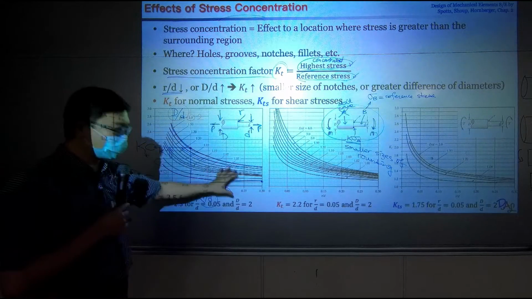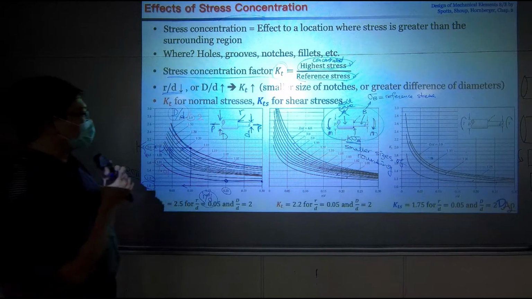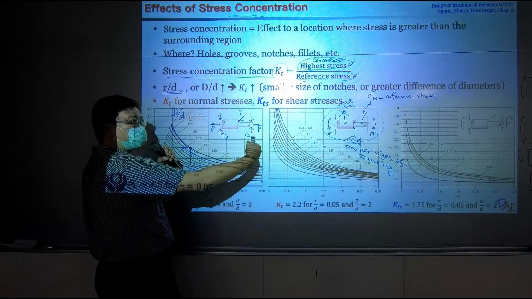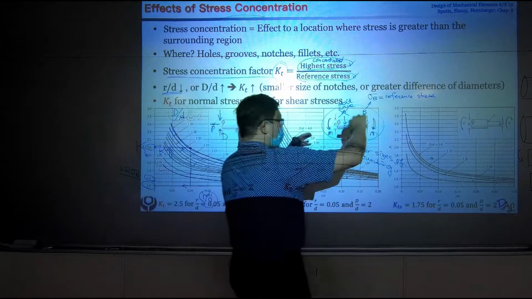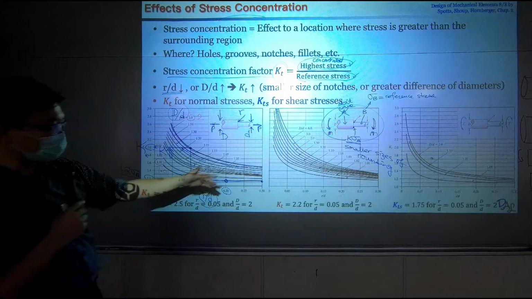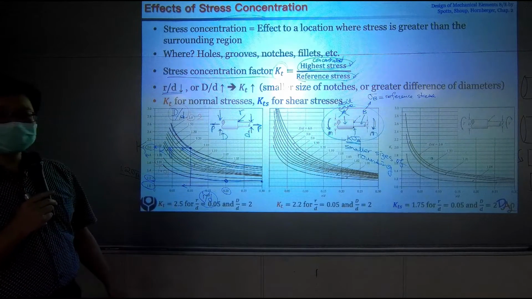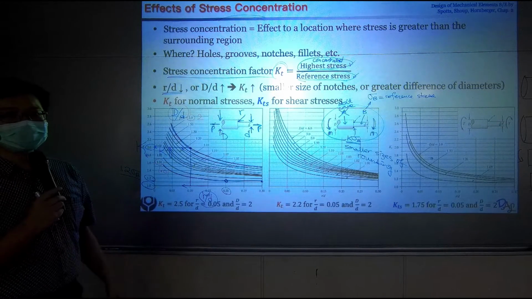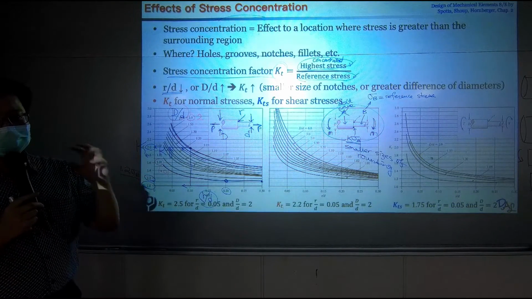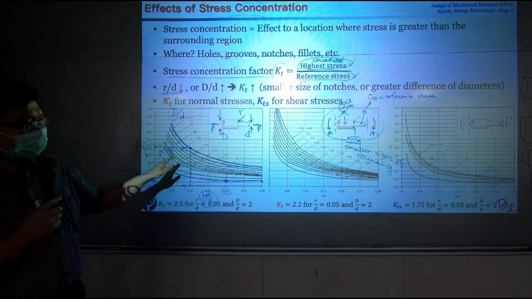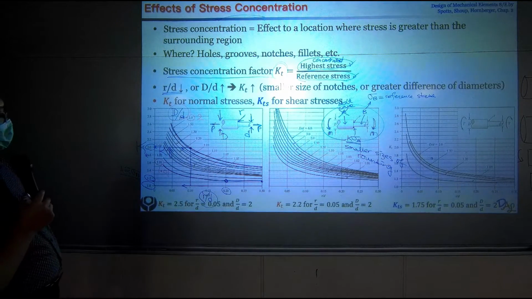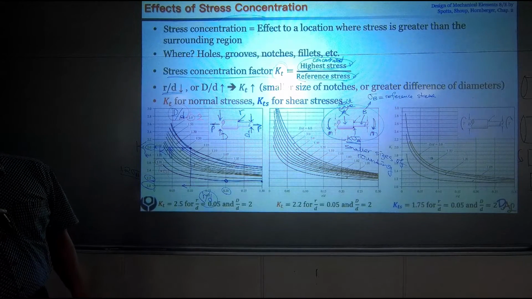And the trend varies when it's carrying different kinds of loads. This is pure tensile, this is bending, and this is twisting. From here you can see the trend varies from case to case. So you need to understand what kind of loading this material is carrying, and you need to know which table to check. Okay? Is this clear?